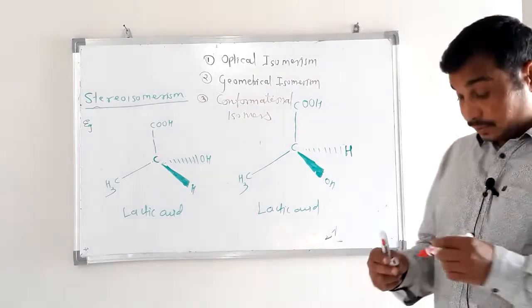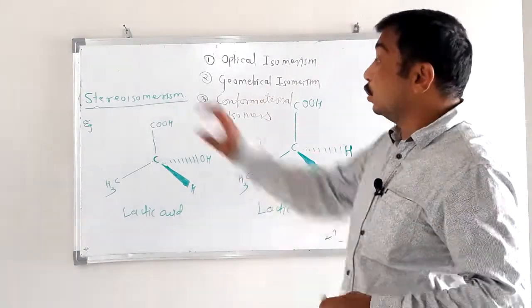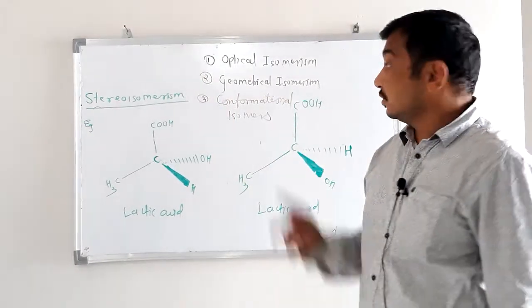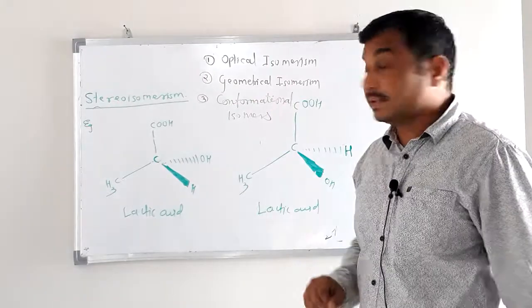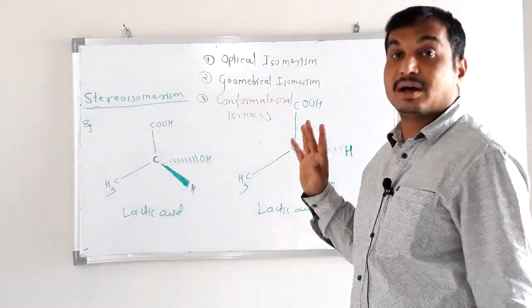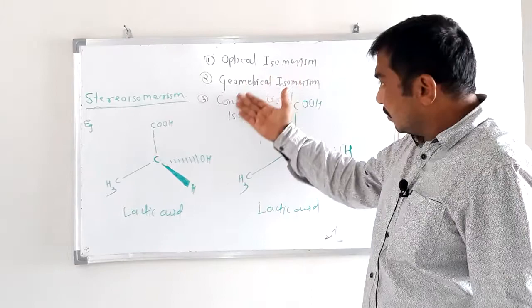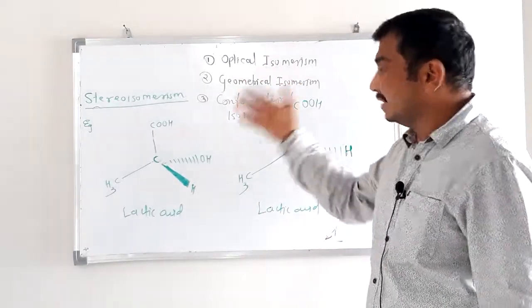So these stereoisomers are of three types: optical isomerism, geometrical isomerism, and conformational isomerism. One by one we will discuss all these types.